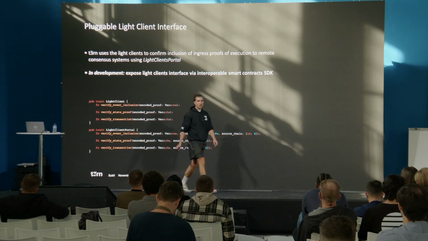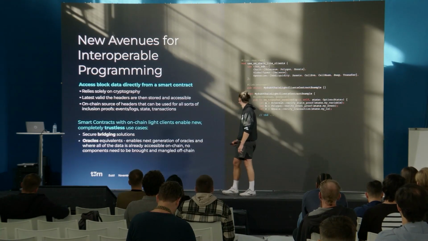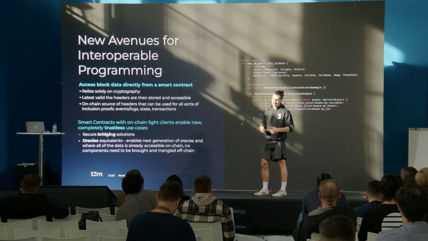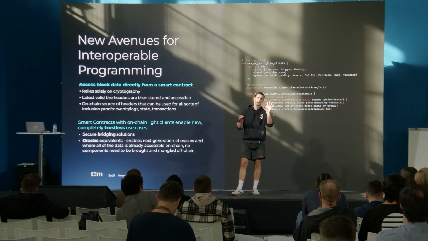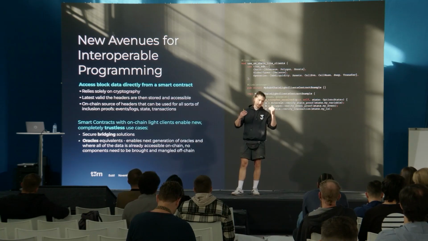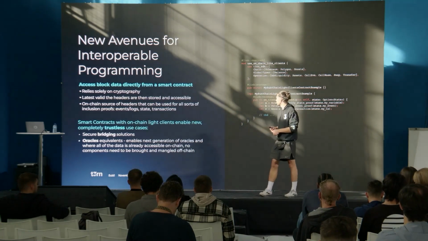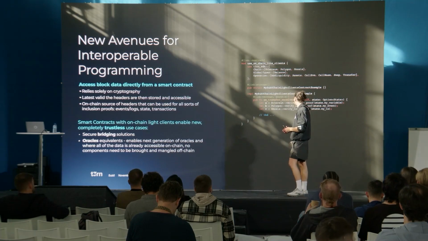But then we took the step further, having that portal already for the use of the protocol. We then started experimenting with bringing the access to light clients via the smart contract SDK that we developed.